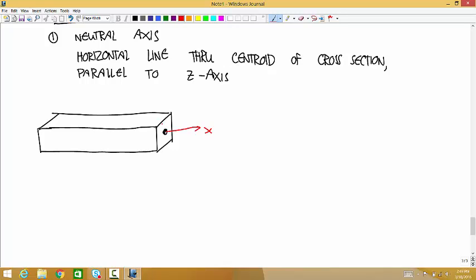This is the coordinate system that we've been using for beams this whole time. The y-axis points up. That's that vertical axis. And the z-axis points this way. Then the neutral axis is this green axis.